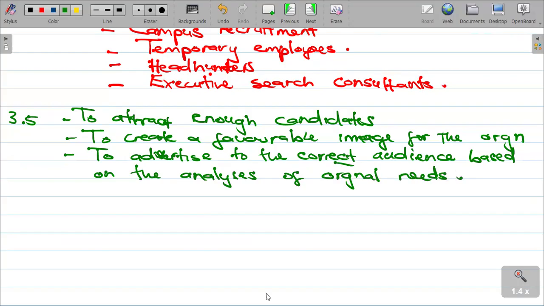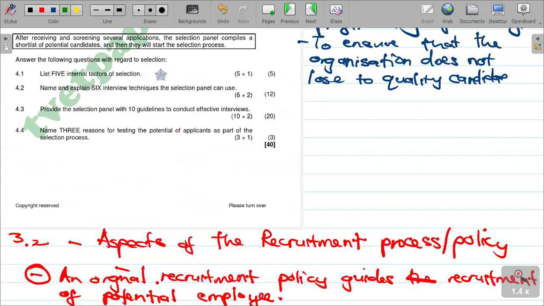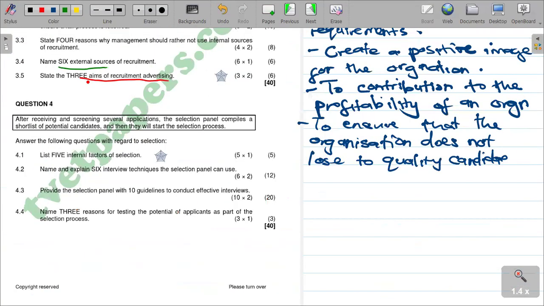Right. So let's move on to question 4. After receiving and screening several applicants, the selection panel compiles a short list of potential candidates, and then they will start the selection process.